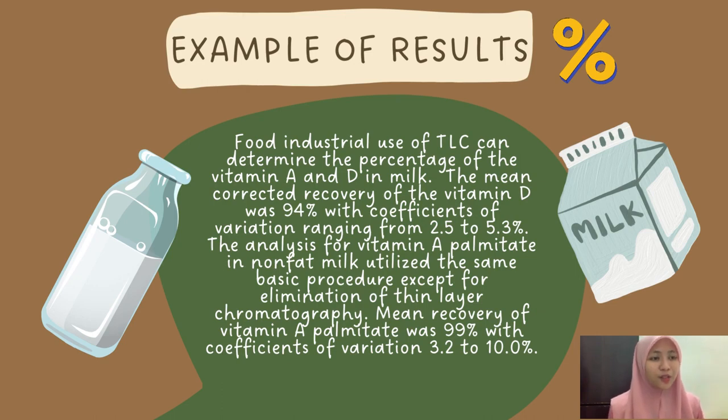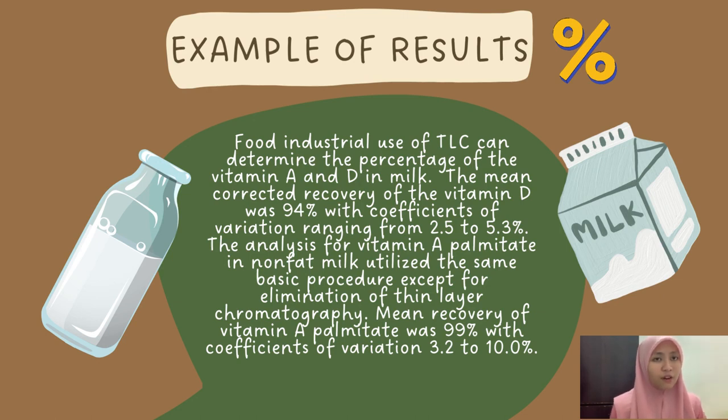Food industrial use of TLC can determine the percentage of vitamin A and D in milk. The mean corrected recovery of vitamin D was 94% with coefficient of variation ranging from 2.5 to 5.3%. The analysis for vitamin A palmitate in non-fat milk utilized the same basic procedure except for elimination of thin layer chromatography.